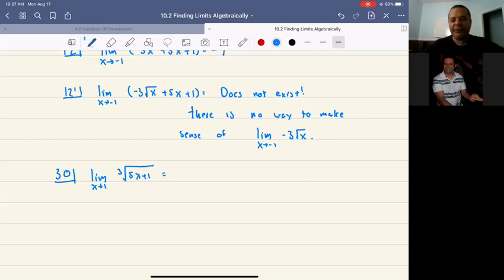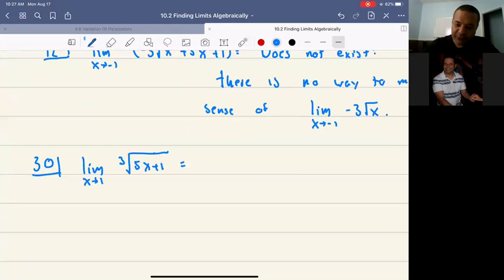Again, we're going to just plug 1 in. Sorry, that was actually not a plus 1, that was a plus 3. 5 plus 3 is 8. The cube root of 8 is, ta-da, 2.